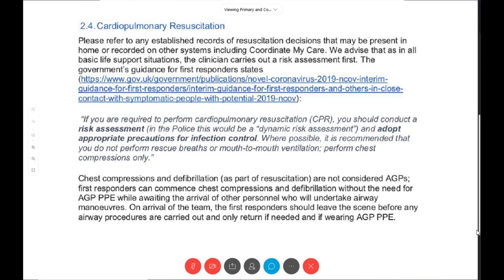Resuscitation Council UK. However, this is at odds with the advice from Public Health England, who currently state that chest compressions are not an aerosol generating procedure, and that it is safe to do chest compressions.